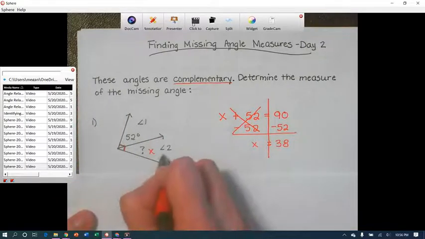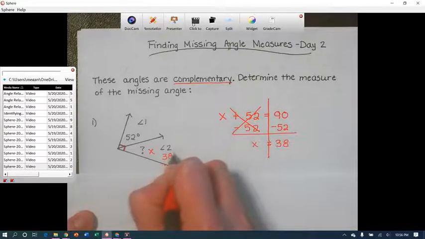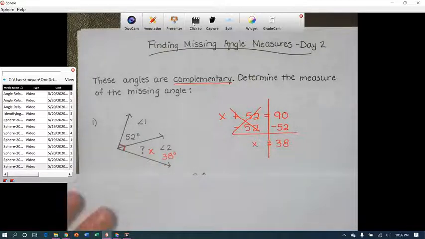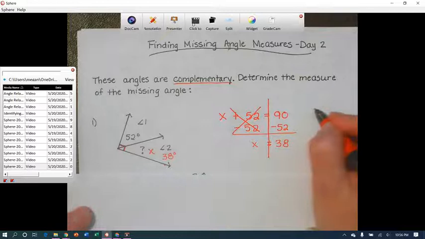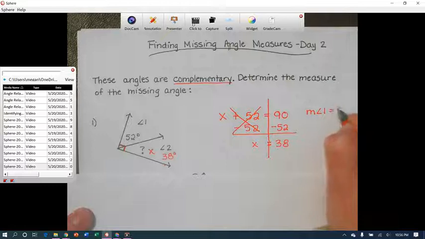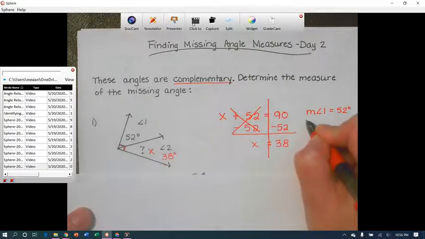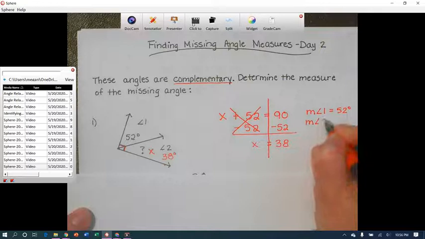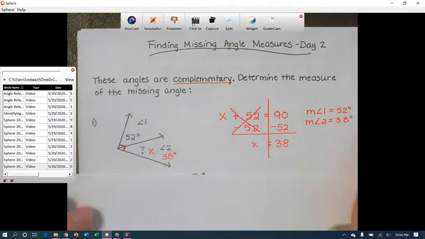And so we know then that this measure, the measure of angle 2, is 38 degrees. And here's how we write the measure of an angle. You might see it like this. So the measure of angle 1 is 52 degrees. The measure of angle 2 is 38 degrees. Well, I'm going to go back and double check that I did the math correctly.